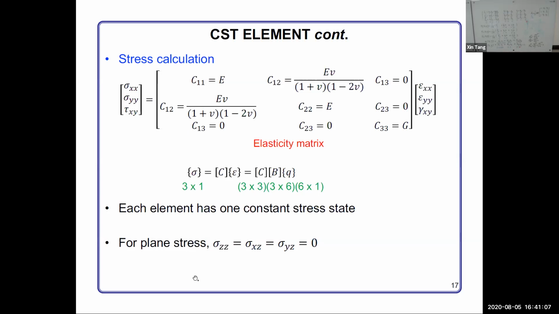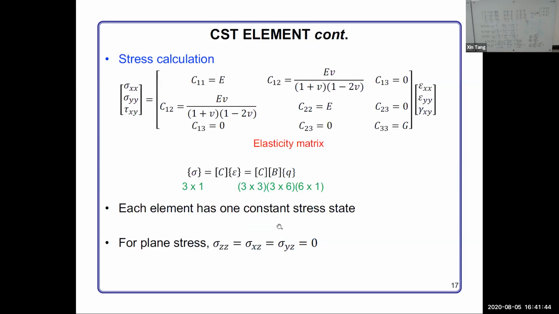So no Z displacement, therefore no Z strain. But the Z direction stress exists, because if you use Hooke's law, you can find that if you confine all the Z direction strain, you still have stress. We will talk about plane strain in more depth in the next few lectures.